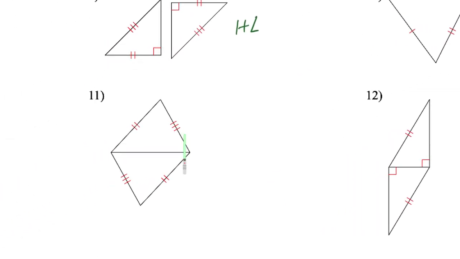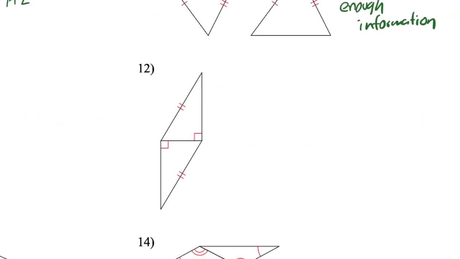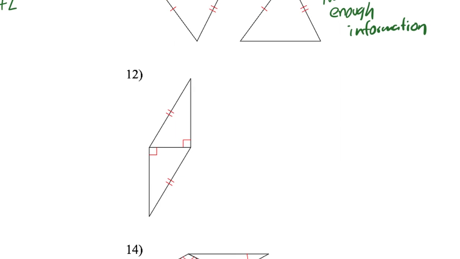Again, this one I have that this side is congruent to this one on the left, and that this side here is congruent to this one on the right. We also know that this side is congruent to itself. So now we have side, side, side to prove that the triangles are congruent. So number 12, again, we know by reflexive property that the side is congruent to itself.